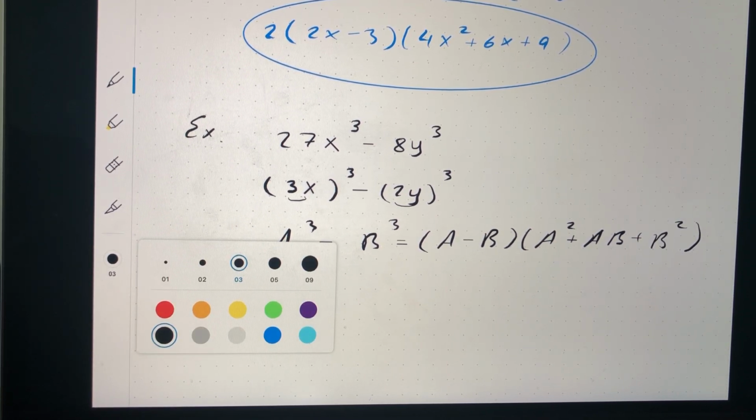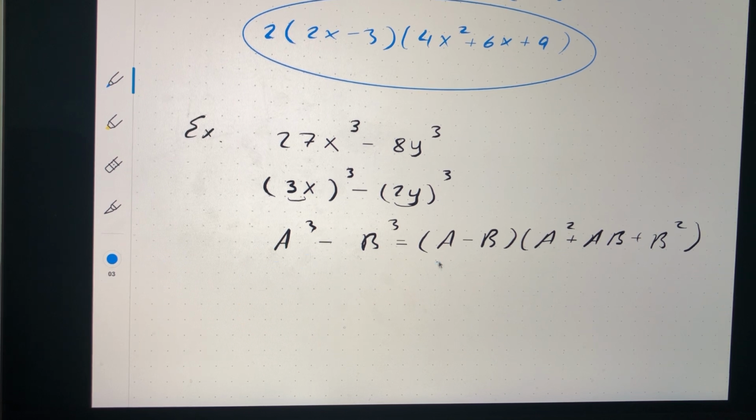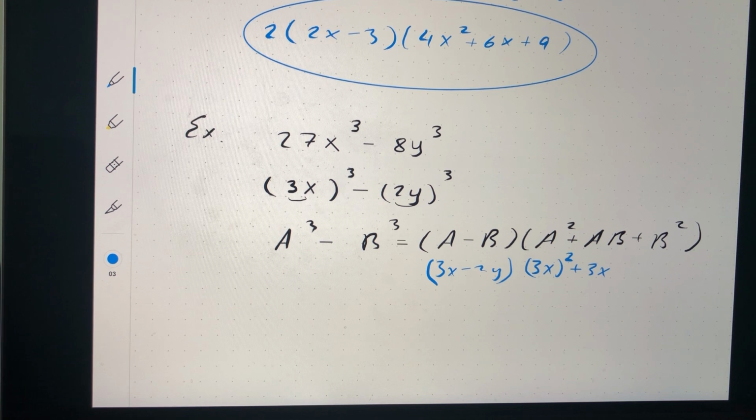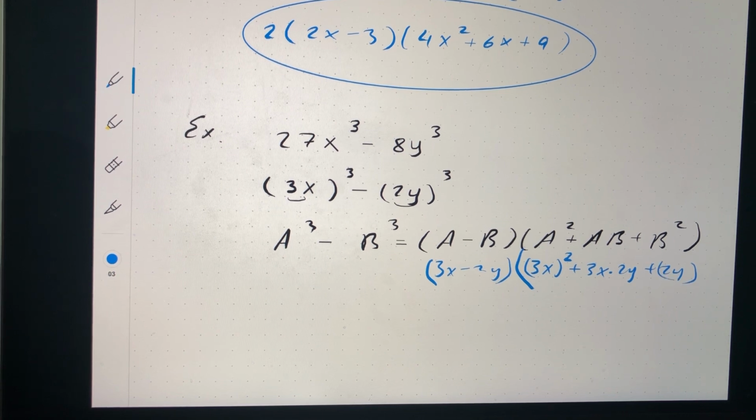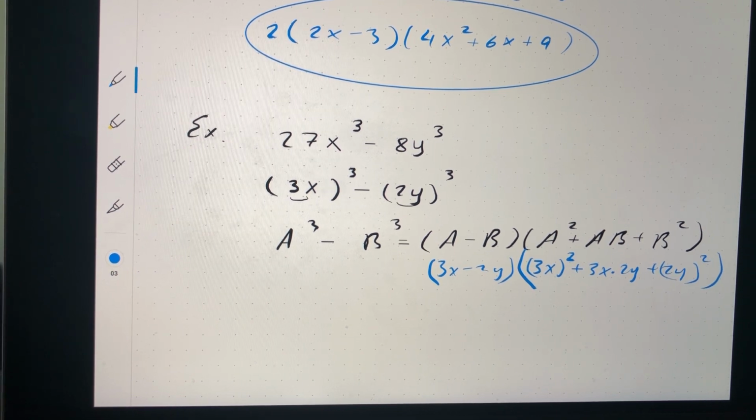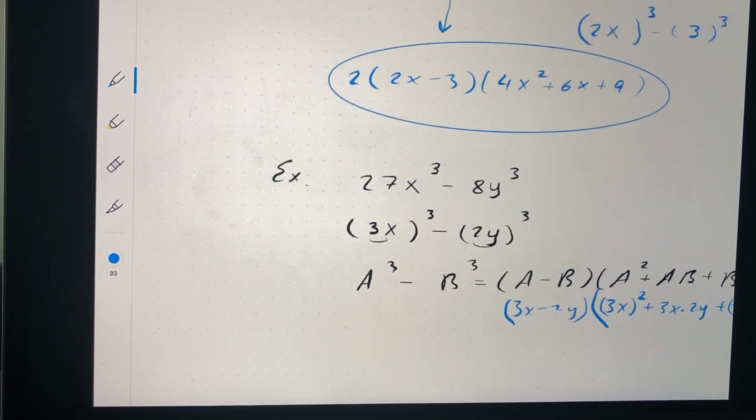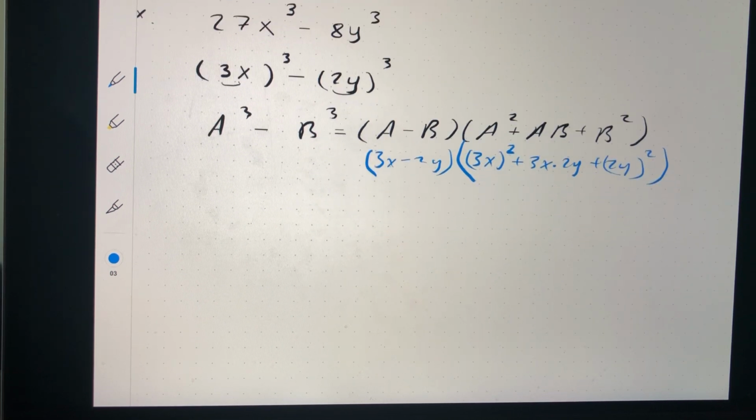So a is 3x, squared plus 3x, and the b is 2y, so minus 2y times 2y squared. Once we clean up the expression, we're done.